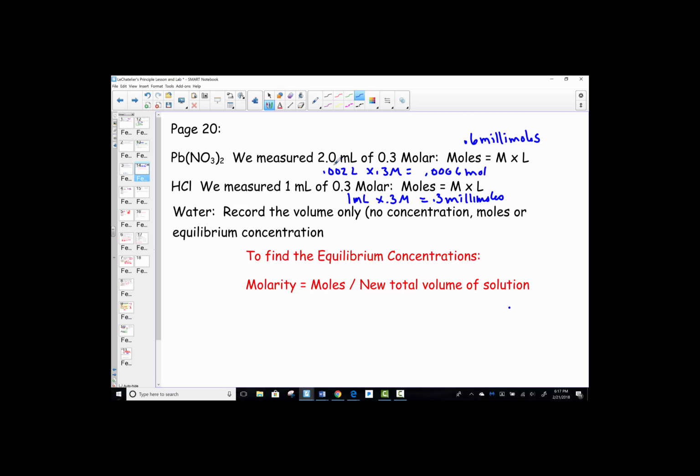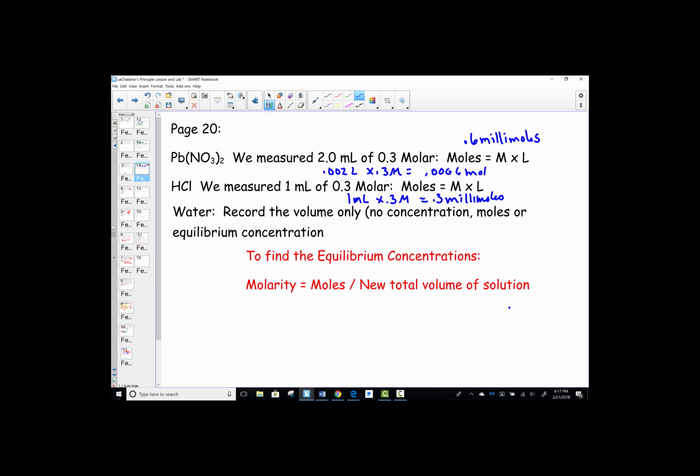The volume, 2 mL for the lead nitrate, 1 mL for the HCl. The concentration, 0.3 for the lead nitrate, 0.3 for the HCl, and I multiply those by each other and I get millimoles, 0.6 and 0.3 respectively.